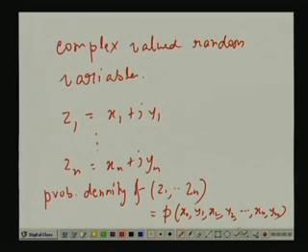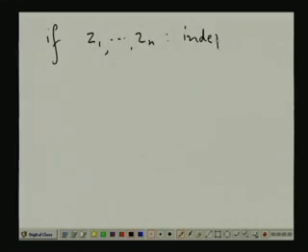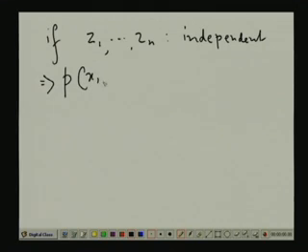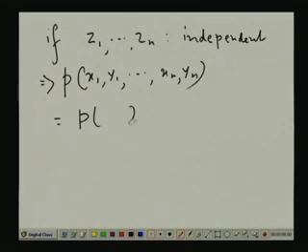Okay. Further, if z 1 dot dot dot z n are independent, then it means that p of x 1 y 1 dot dot dot x n y n will be like this, which stands for the probability density for z 1, because z 1 has the two real valued random variables x 1 and y 1 in it.